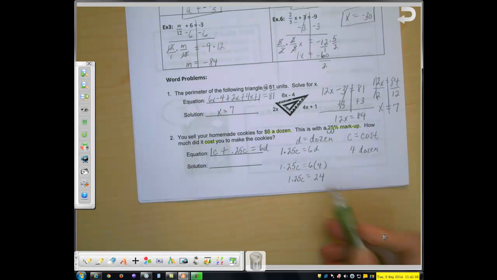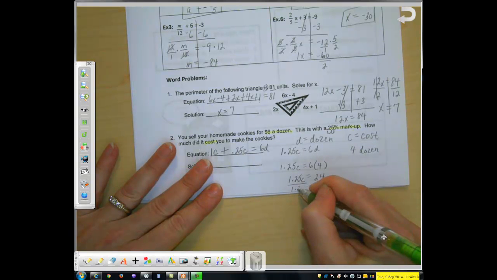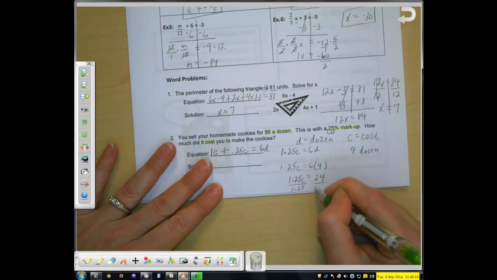Okay, so now we need to solve for C. Remember, when we're solving an equation, the goal is to get the variable alone by doing inverse operations. Because this operation is multiplication, we need to do the inverse of that, which is dividing by 1.25.